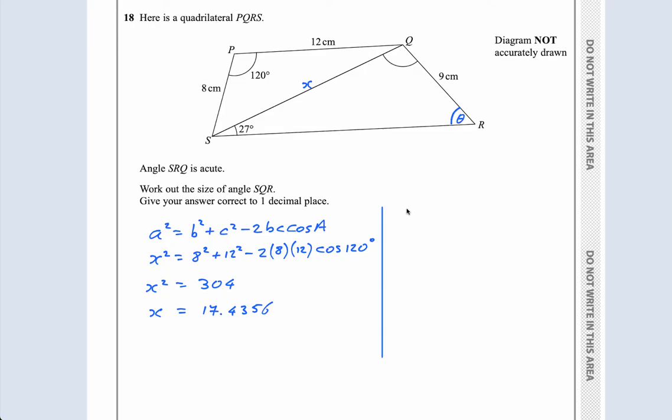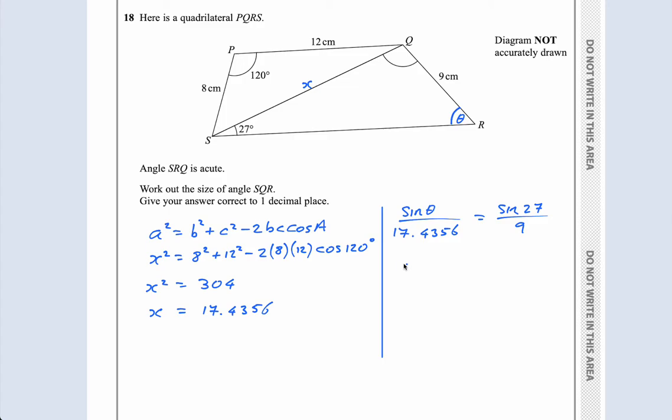Sine rule is sine theta, always start with the one you want to get, sine theta over x, so sine theta over 17.4356 equals sine 27 over 9.